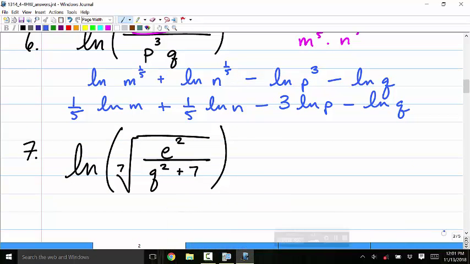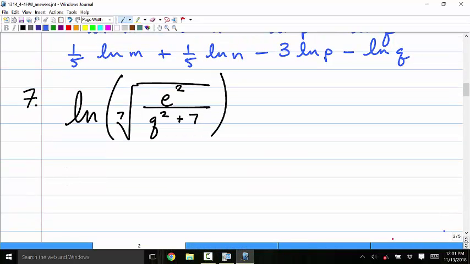Okay, the 7th root. You see I can write that as ln of e squared over q squared plus 7 to the 1/7. So that 1/7 power is going to come out front.